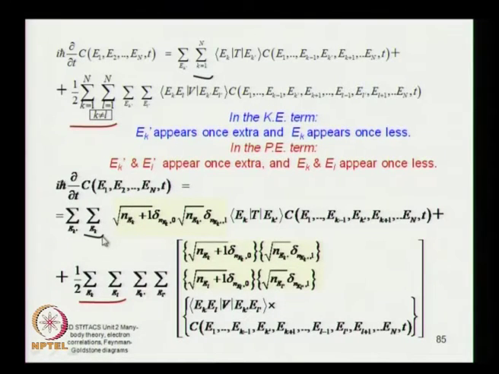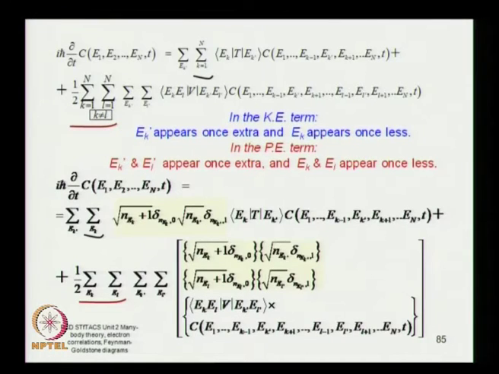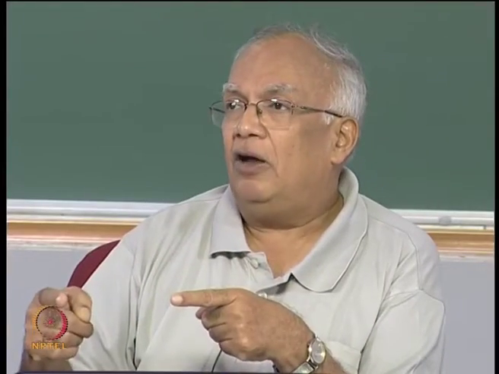Here you will sum over all the single particle states, but whether or not they were occupied is taken care of by these square root of n and square root of n plus 1 and the Kronecker deltas. So, the same information is transferred, but we are now equipping ourselves with a reformulation of the many electron problem from the first quantization formulation to the second quantization formulation.